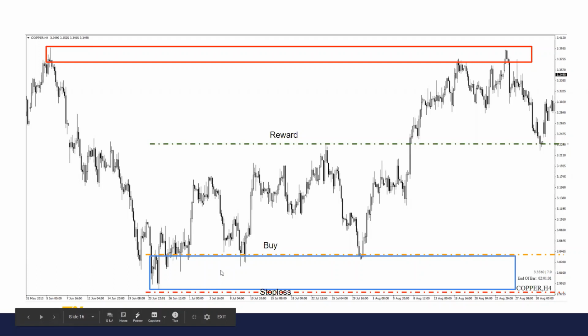Just mind that if you're on a higher time frame, the zones will be much wider, so you will be risking more pips, but you would probably look for a higher swing range.